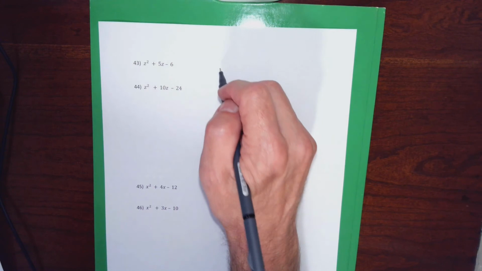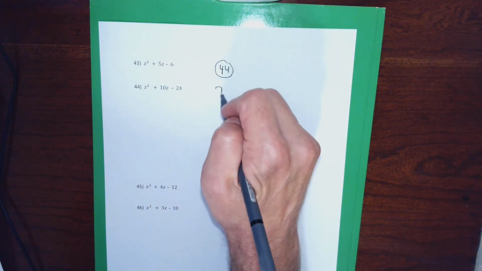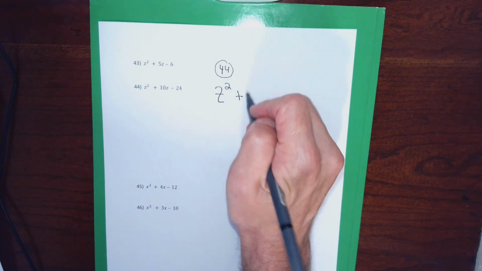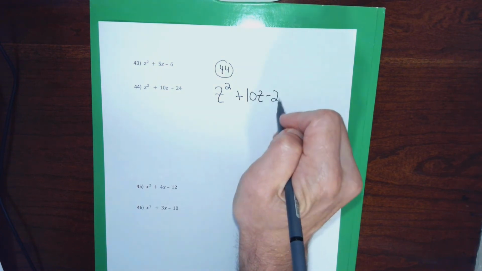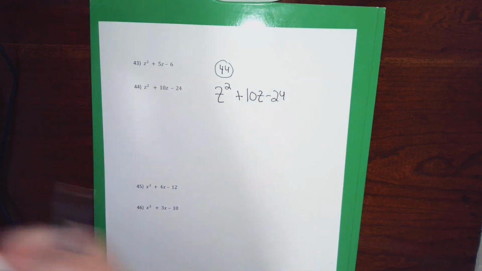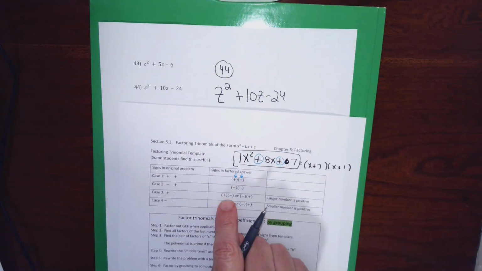Let's do 44. So in 44, I'm asked to factor z squared plus 10z minus 24. 24 is an unfortunate number. It's largish and has lots of choices. Again though, when I go to write down the factors of minus 24, I need bigger number plus, smaller number minus.